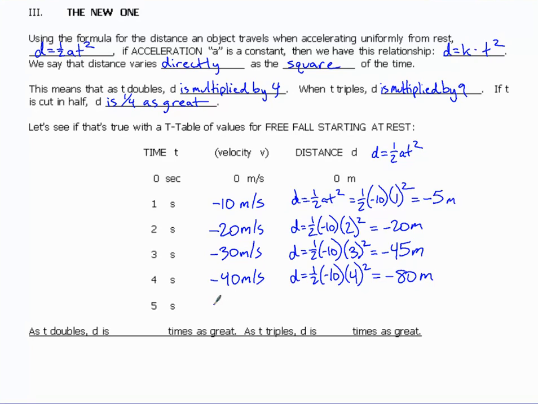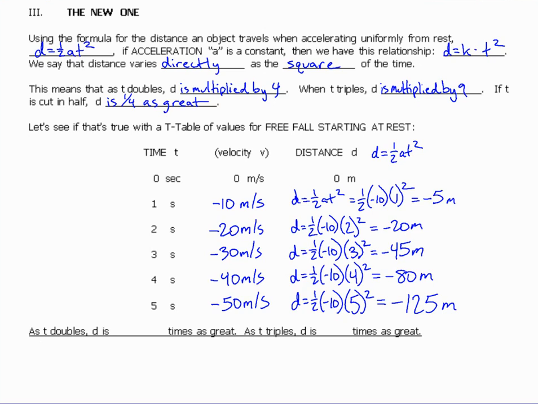And after 5 seconds, it's traveling at -50 meters per second. Distance is 1/2 times the acceleration, -10, times 5 seconds squared. And we find that it has fallen 125 meters.